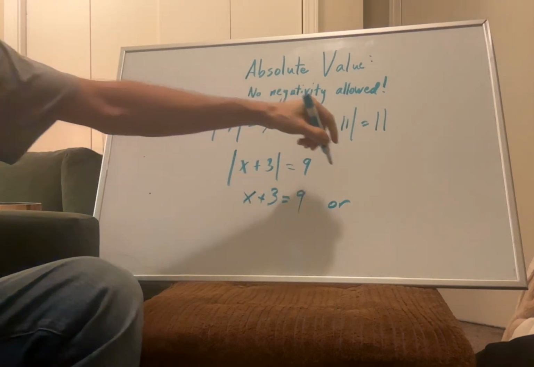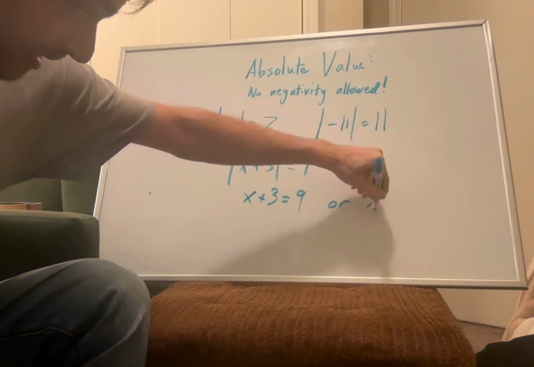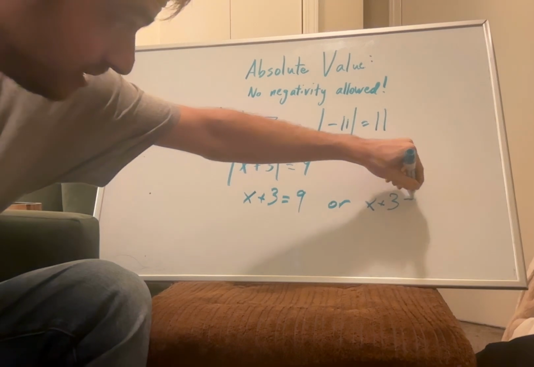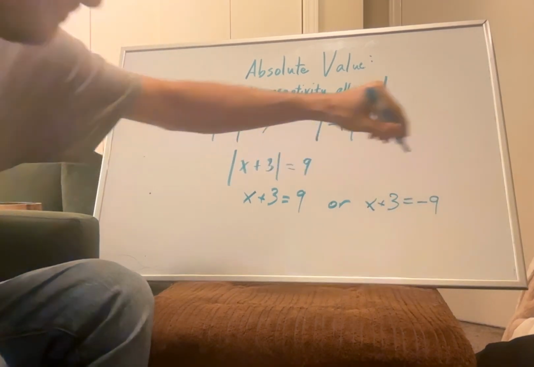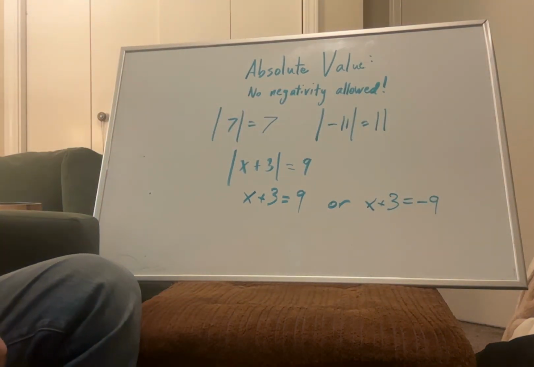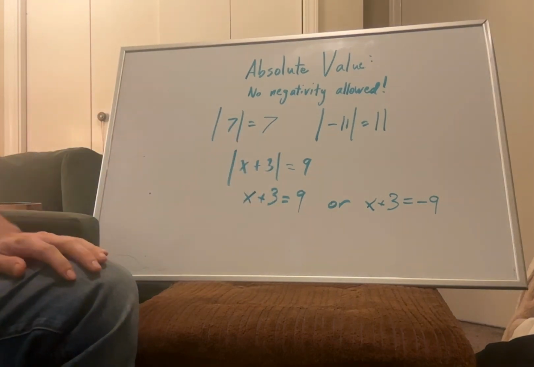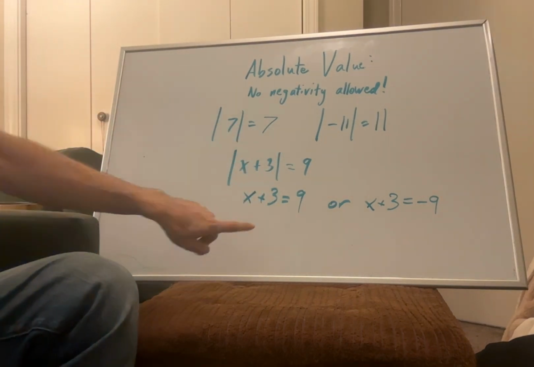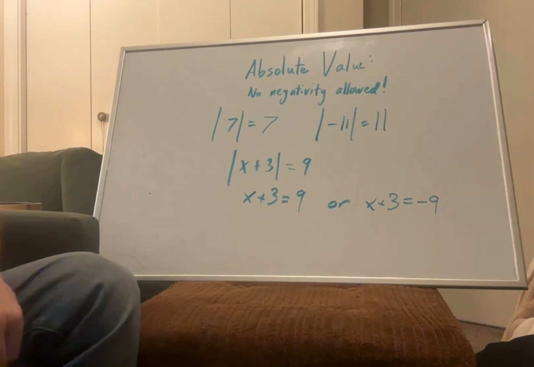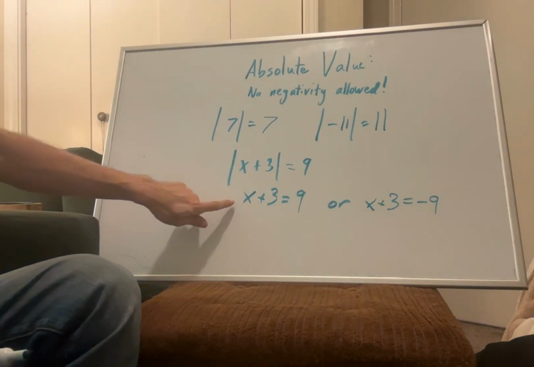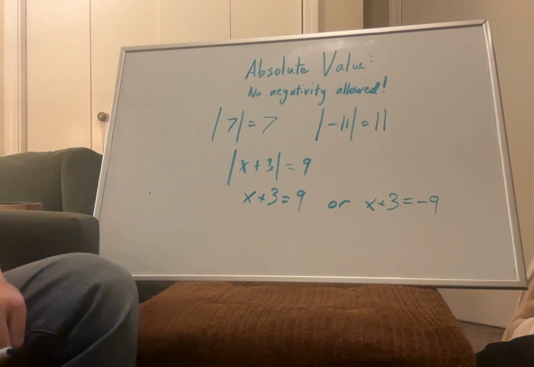So we can say, or x plus 3 is equal to negative 9. At this point, we've taken this unusual symbol and broken it down into two problems that are more straightforward to solve. We can solve each of these for the variable x.